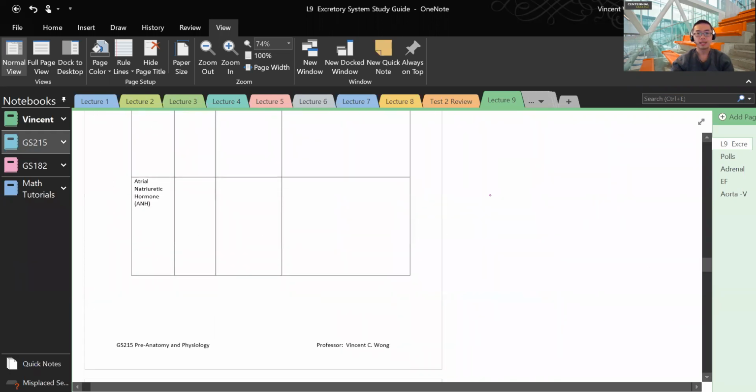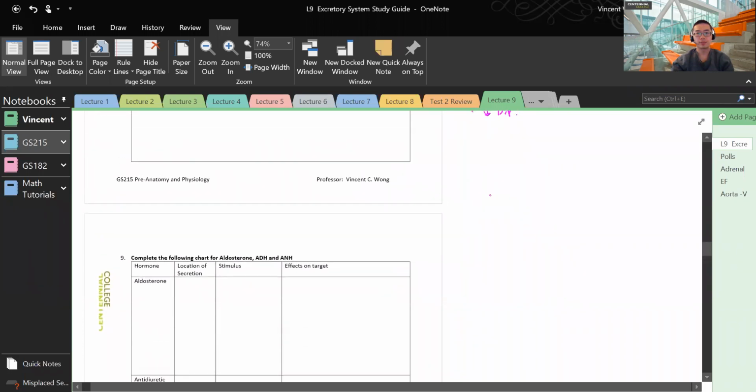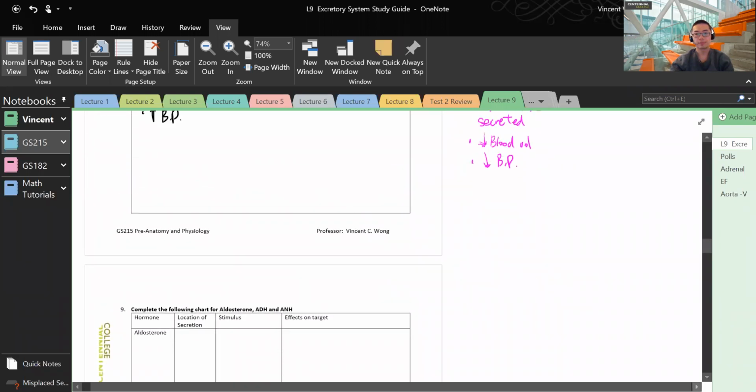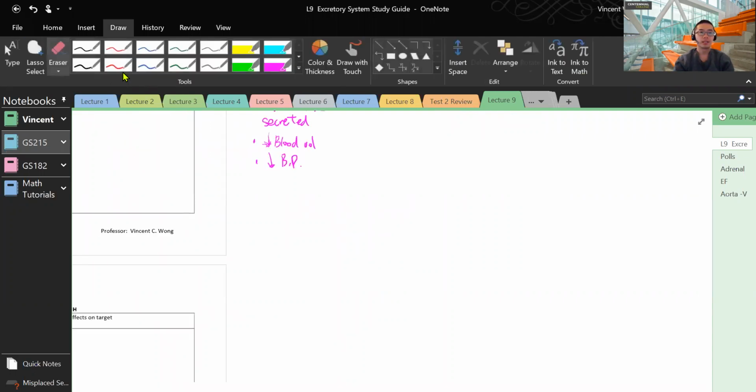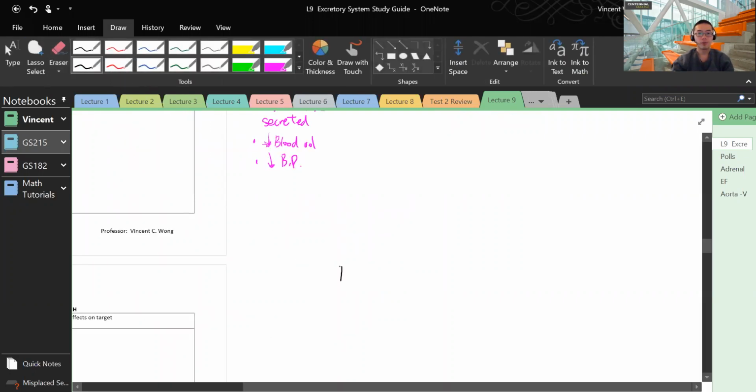So let's put it in a diagram here. I guess we can do it here. We have some space. Say we have normal blood pressure, normal BP. So that's good. You have your 120/80. And then for some reason, your blood pressure goes up. Increased blood pressure.